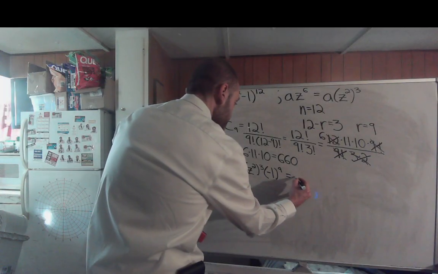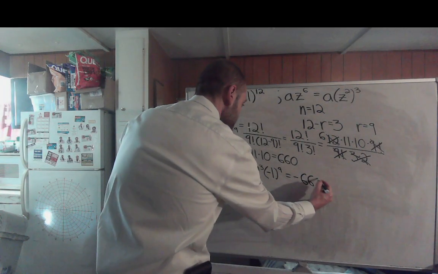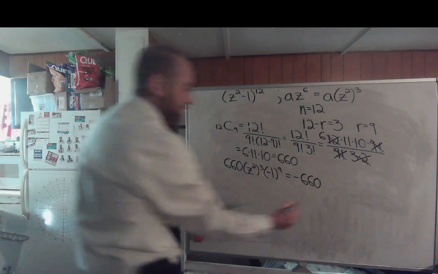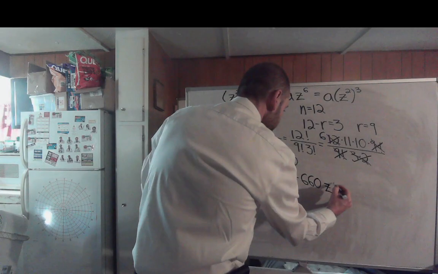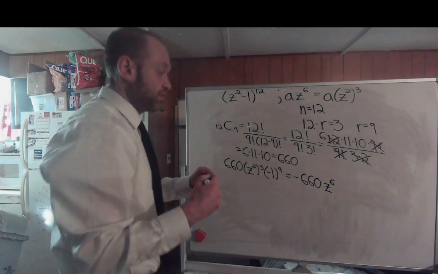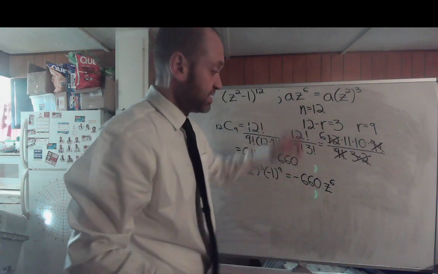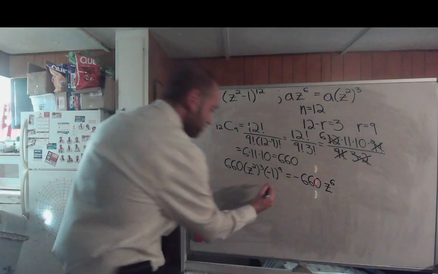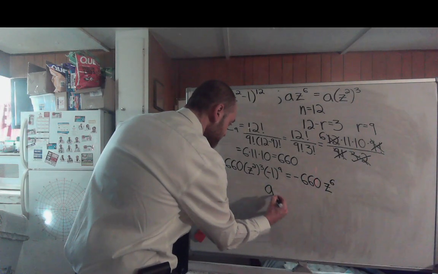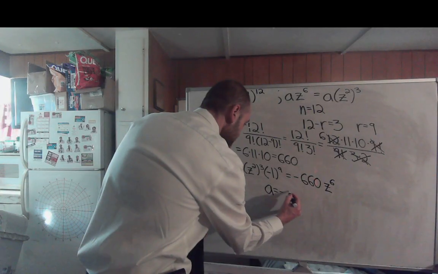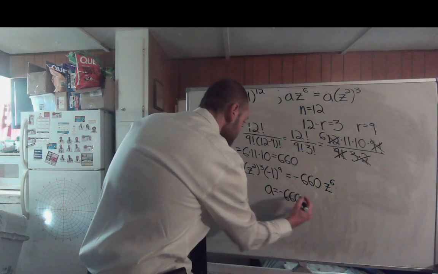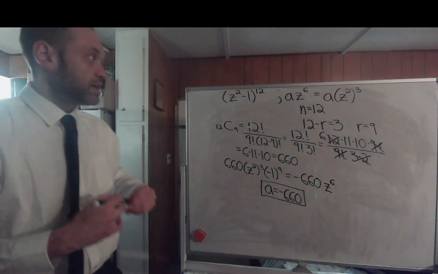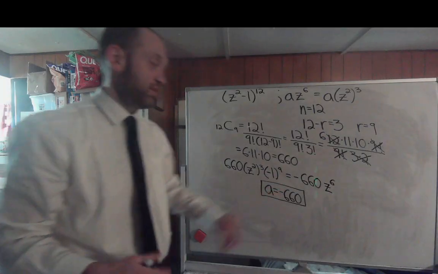So this would actually turn into -660. And then z squared to the third is z to the sixth. Now we have this in a format of a z to the sixth, where you have the coefficient on the z to the sixth term. So that means the coefficient of the z to the sixth term is -660. So there's your coefficient of -660.